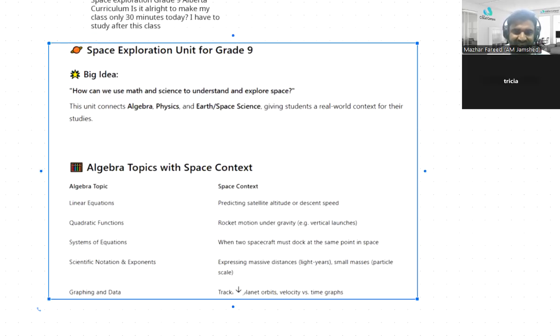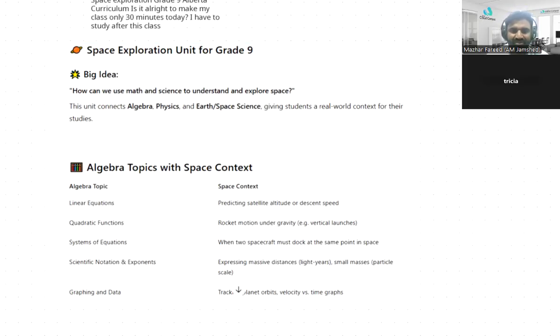So the next space context is the quadratic function. In the quadratic function we can take rocket motion under gravity, when a rocket goes from Earth into space.